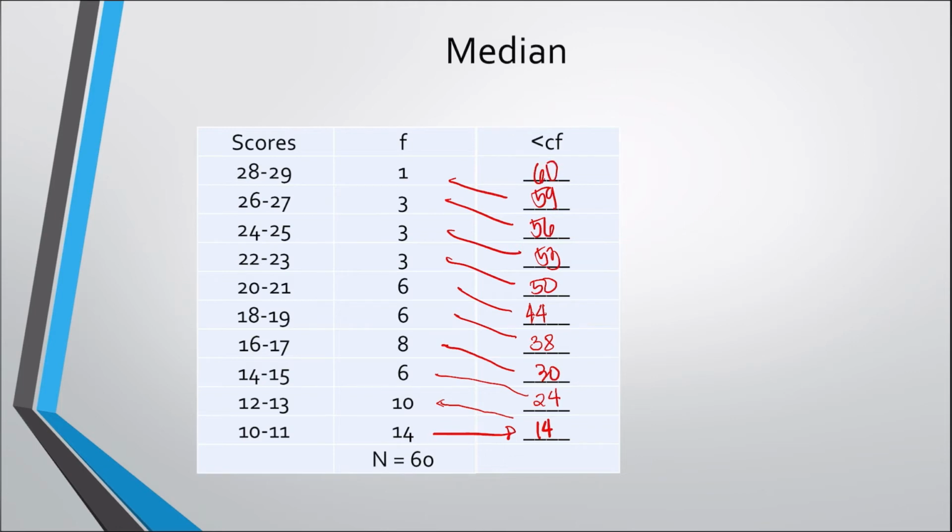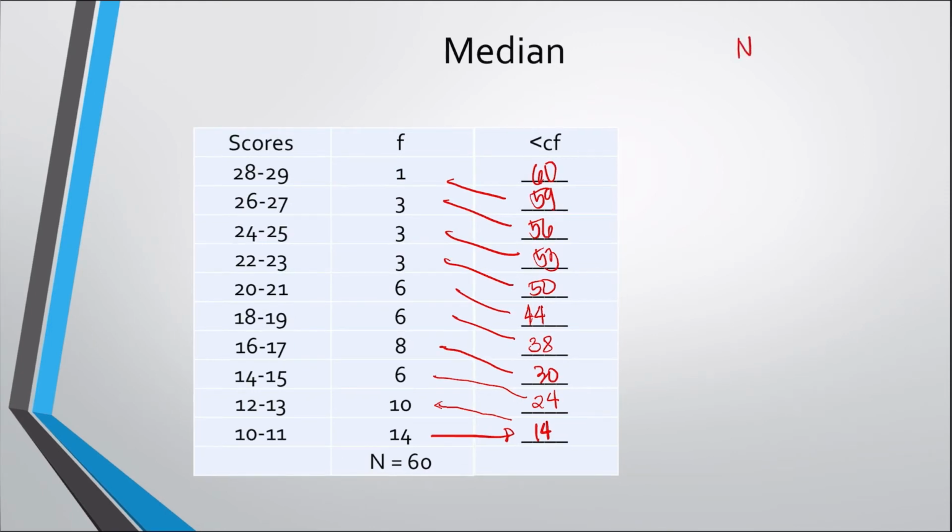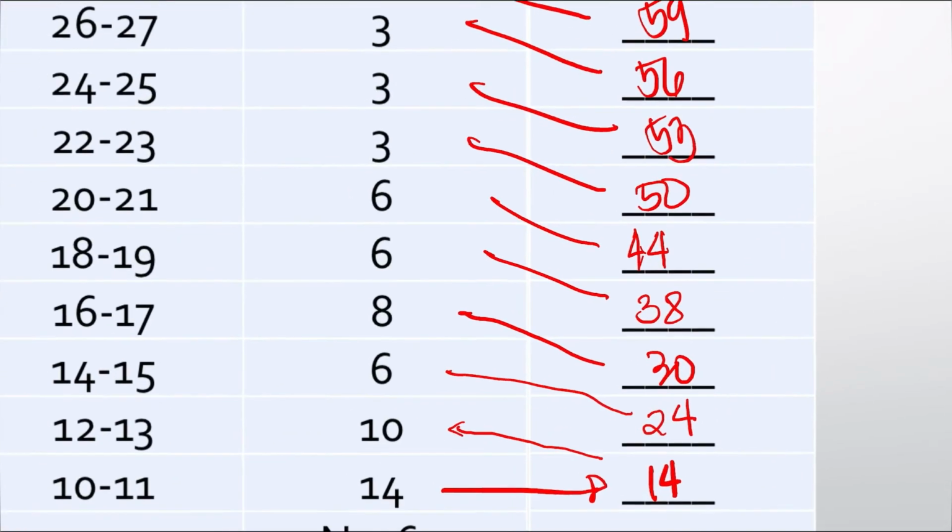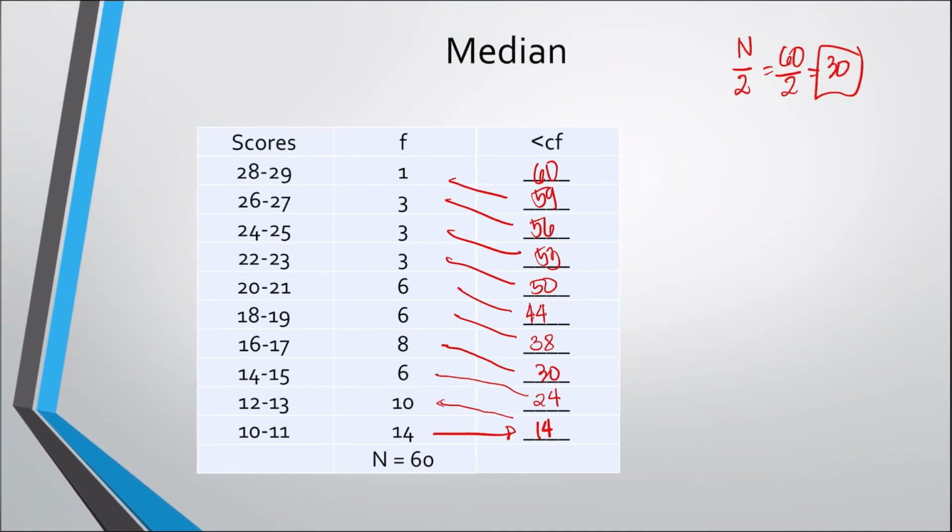Okay? And then, meron tayong tinatawag na median class. Paano mo makuha yung median class? So, yung n divided by 2. So, yung n is 60 divided by 2, that is 30. Bali, hahanapin natin dito sa class interval kung alin yung nasa gitna.